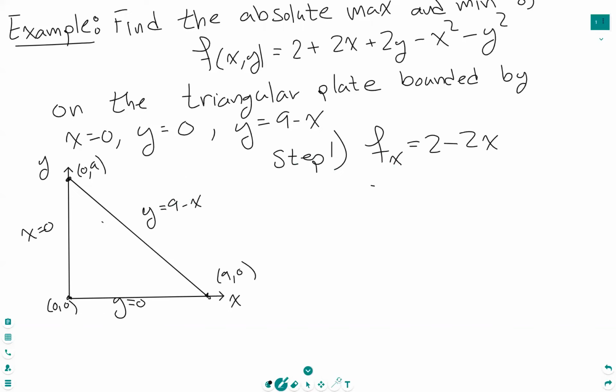And we're going to look at fy. This is 2 minus 2y. So we need all of the points that make both of these 0. Well, the only time fx is 0 is if x is equal to 1. The only time that fy is equal to 0 is when y is equal to 1. So it looks like we only have one critical point.